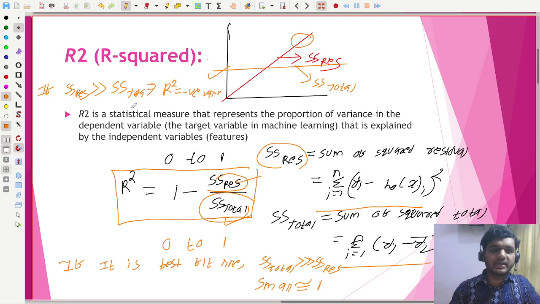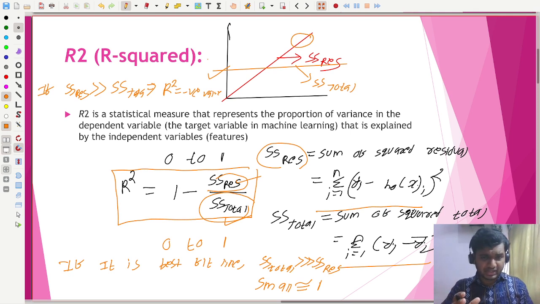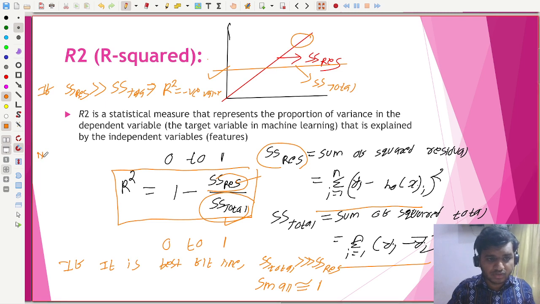What is the demerit in R square? I will give you a practical example. Suppose you want to do house price prediction using linear regression. Suppose the features are the number of rooms, then the second feature is location, then the third feature is room size.